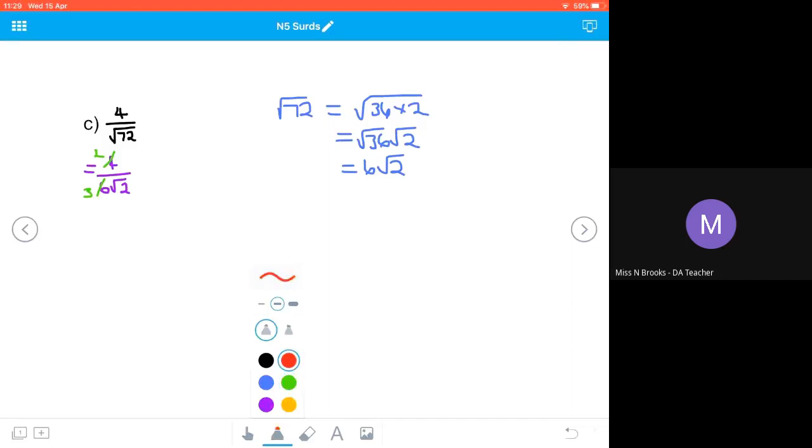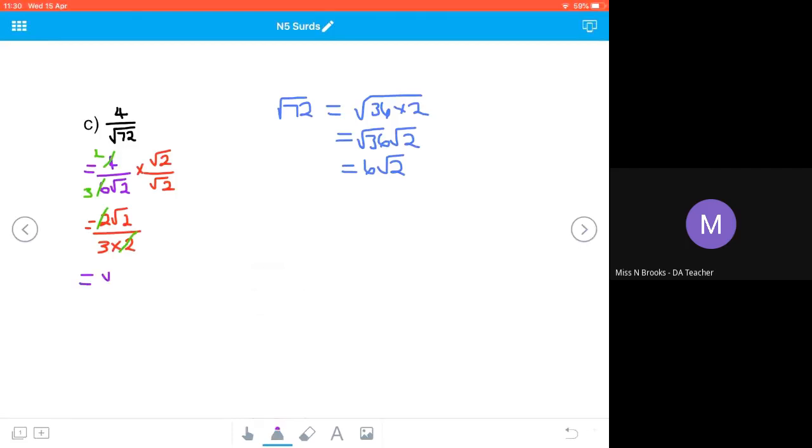Now I want to multiply by my simple surd, so I multiply the top by root 2 and the bottom by root 2. So I have 2 root 2 on the top, and 3 times 2 on the bottom. I can cancel those 2s, and so my final answer is root 2 over 3.